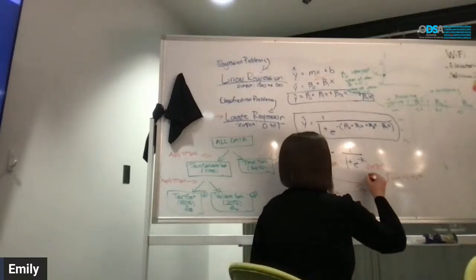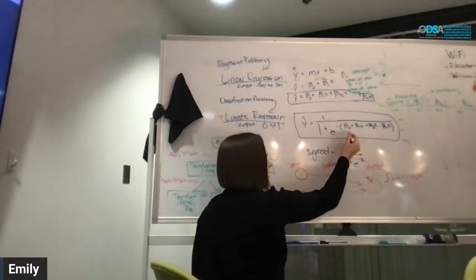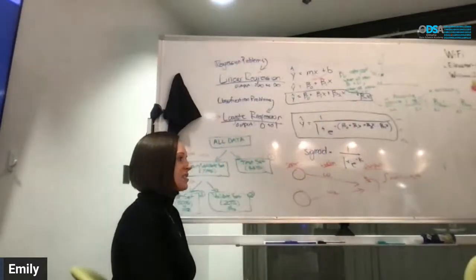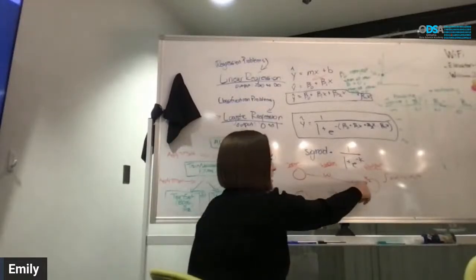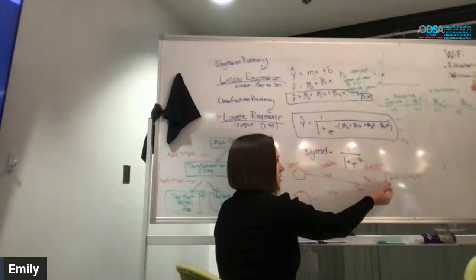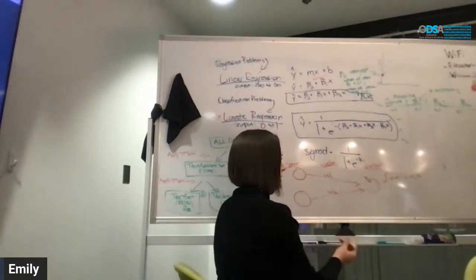So there's going to be a b, or otherwise called in neural networks a bias, but it's the same thing as this, which is the same thing as this. So it's our beta sub naught, it's our intercept. So there's this bias term here. And then there's a sigmoid function that normalizes that output to a probability between 0 and 1.